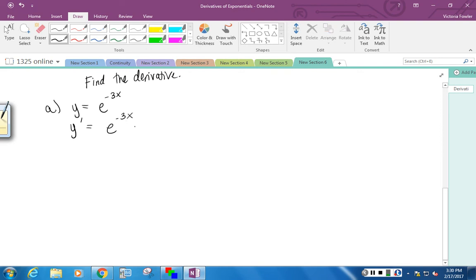It says the derivative of e to the x was just itself. I'm going to then multiply now by the derivative of the inner function, and that would be actually this exponent part. So what's the derivative of what's up there? The derivative of negative 3x is going to be negative 3. Well, we're not going to leave it like that. We're going to stick that constant in the front. So I've got negative 3 e to the negative 3x. So I've now successfully taken the derivative, and there's the answer.